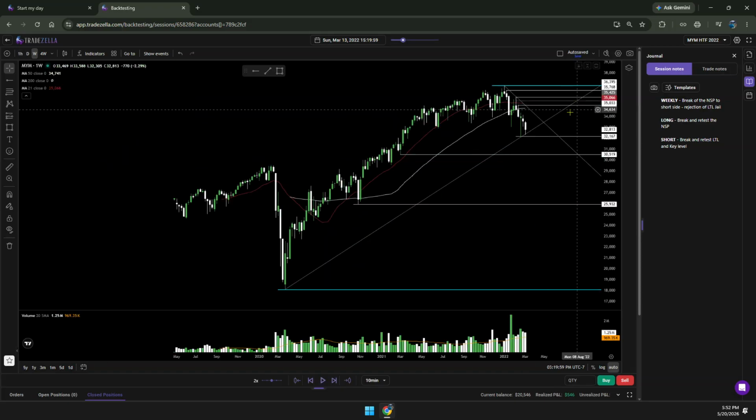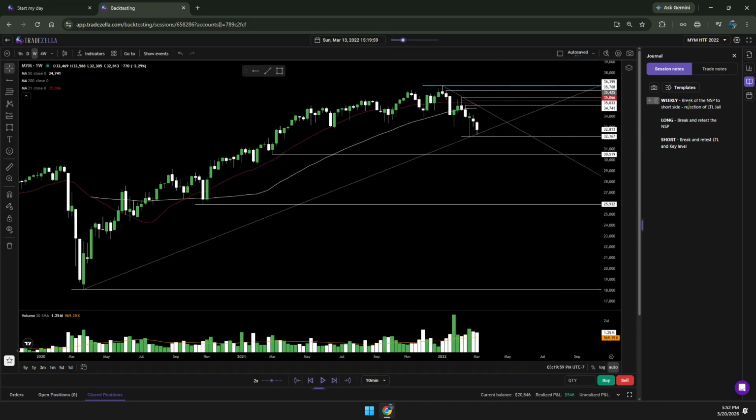Let's do our weekly analysis. Okay, weekly analysis, break of the narrow state pattern. I'm going to change this. We are at the third touch point, lower trend line.